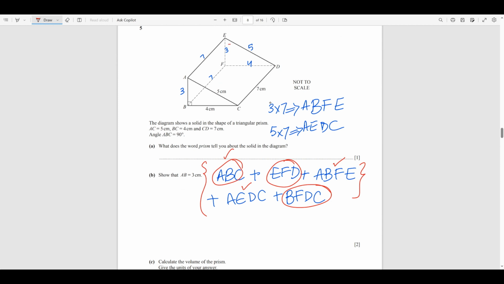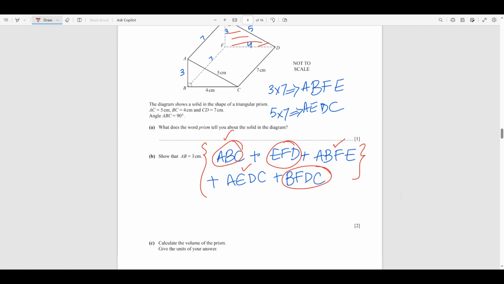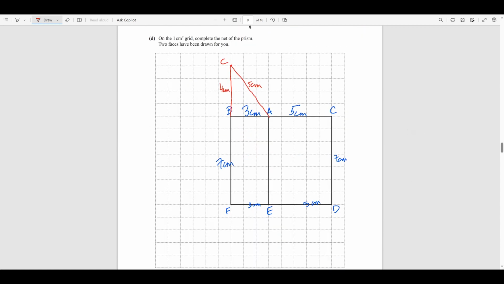So EFD is this triangle, the back one. We can extend it from FD, or we can make it connecting EF. I think we have EF, so it should be the same way because it's all identical. So this D and this D should match, because when you try to fold it back, this ED and this ED have to be of the same length.